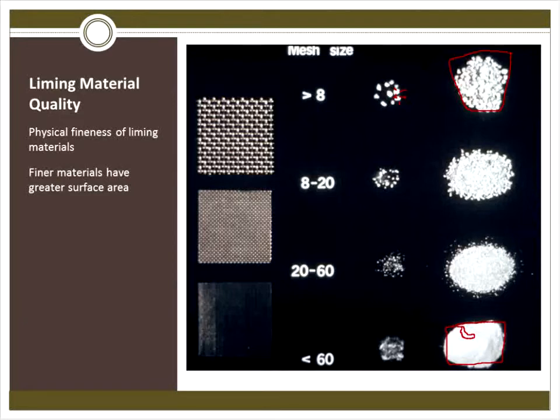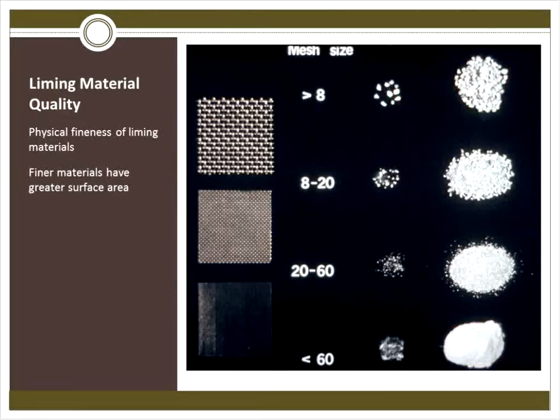So you have a lot more particles, each with small surface area, but the cumulative effect is a tremendous amount of surface area. So the small particles react faster. Small particles dissolve faster. The teaspoonful of sugar will dissolve a lot faster than the cubes of sugar. So why is that important from the world of liming?